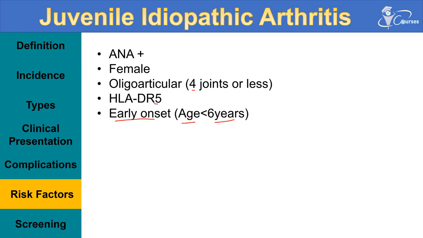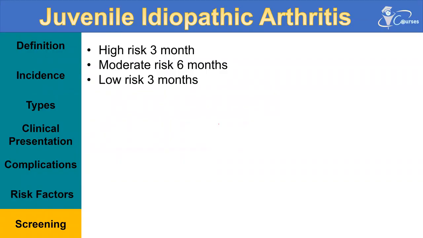So for those patients, we need to do screening. We will talk about how to do risk stratification for those patients in the uveitis lecture. But from now, for patients with high risk, we should screen them every 3 months. For patients with moderate risk, we screen them every 6 months for development of uveitis.